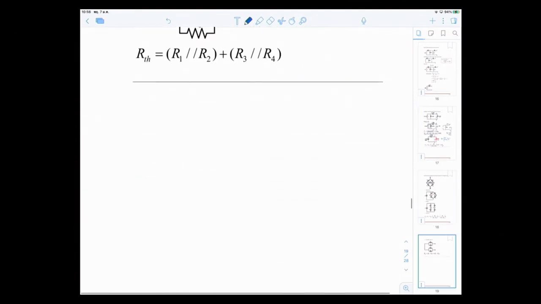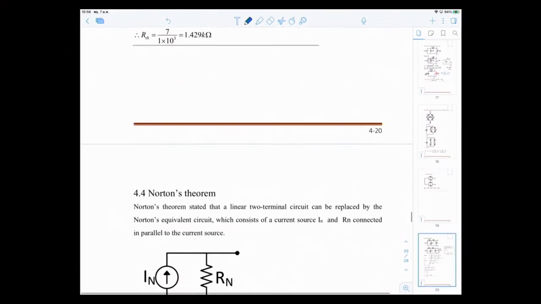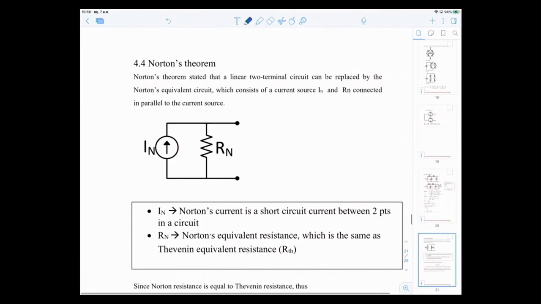Now I want to go into Norton's theorem. Thevenin represents your complicated circuit with a voltage source and a series-connected Thevenin resistance. But for the Norton theorem, instead of a voltage source, you have a current source, and you have Norton resistance, which is a resistor in parallel with the current source that you've drawn.